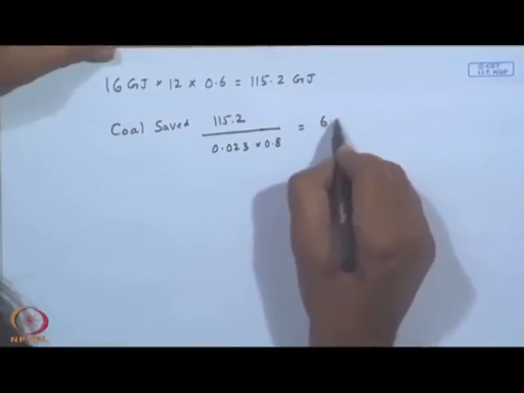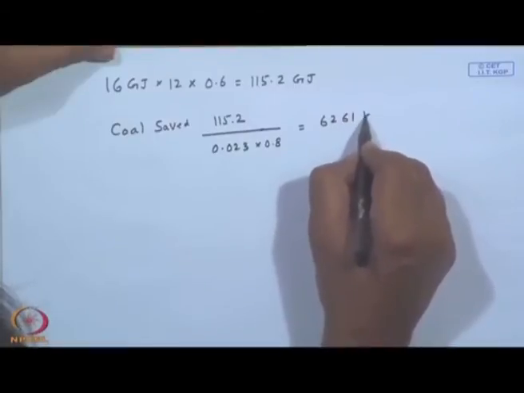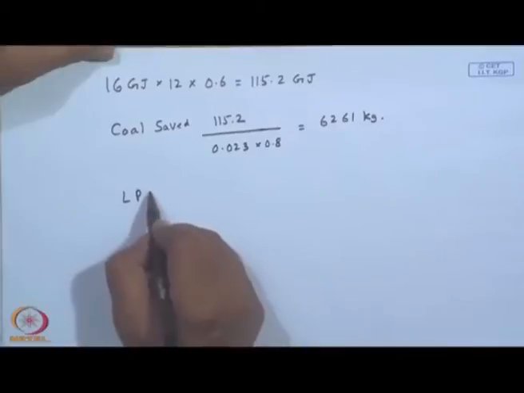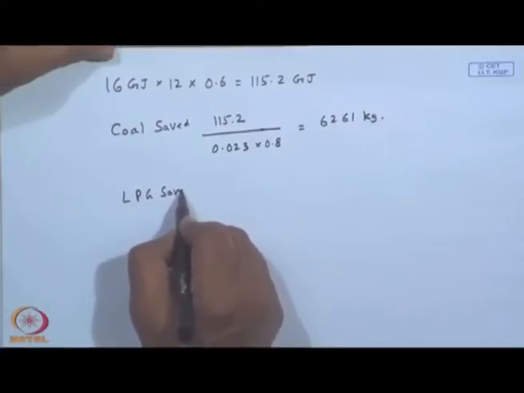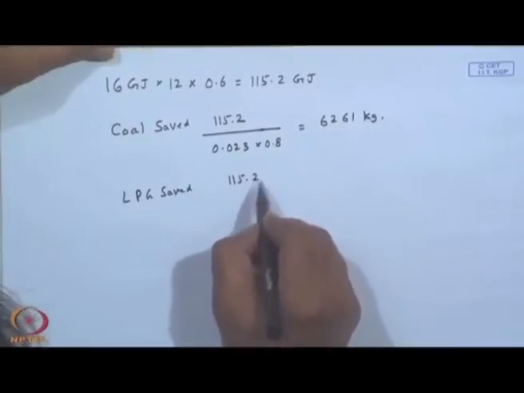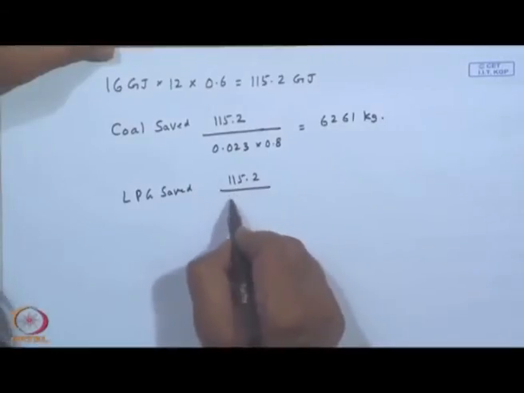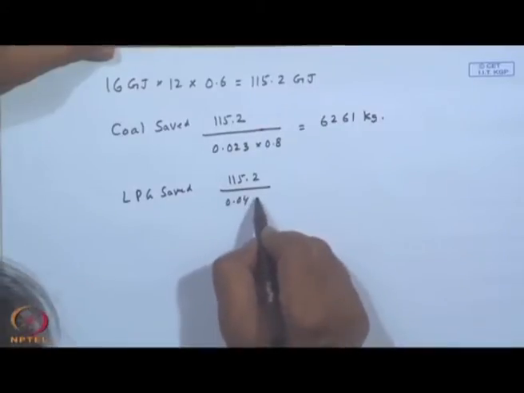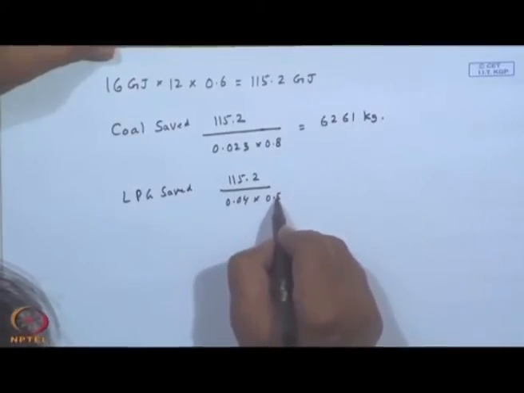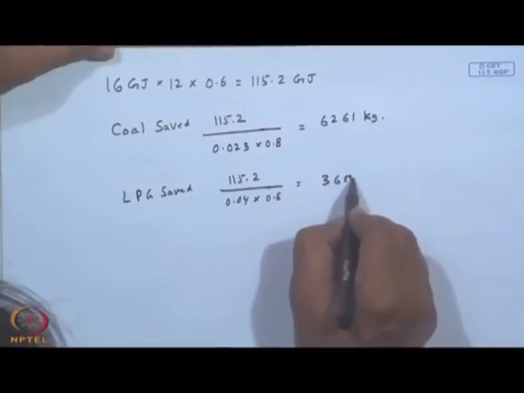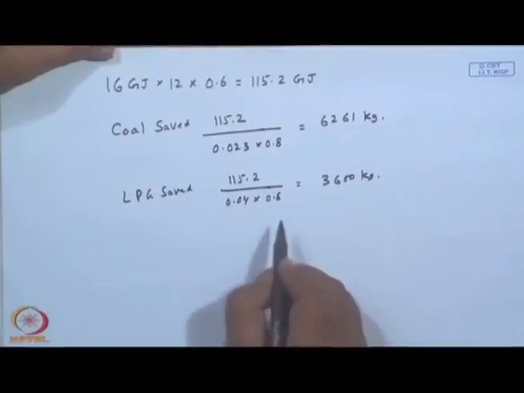That will be 6261 kilograms. And LPG saved will be 115.2 upon 0.04 gigajoules, that is the calorific value, multiplied by 0.8, the efficiency, will be 3600 kilograms.